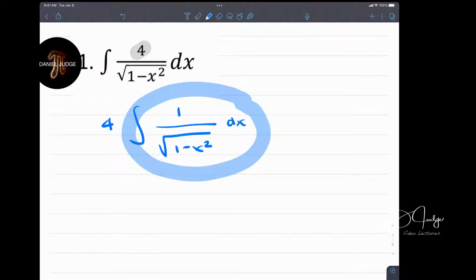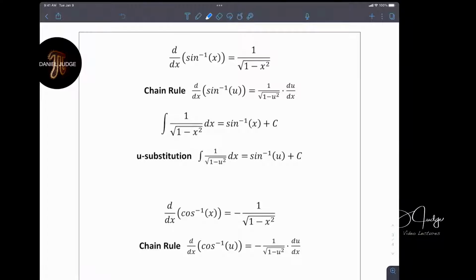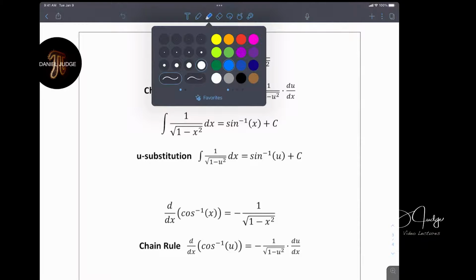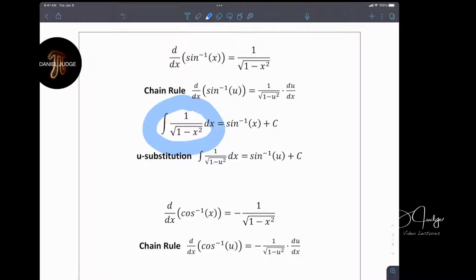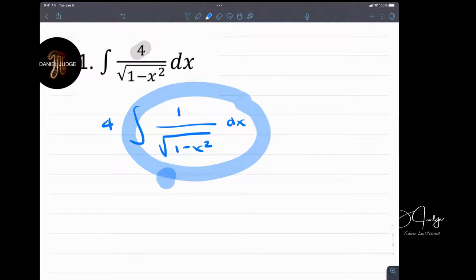Now, let's go to the formula sheet. And whenever you see that particular integral, you're going to use the inverse sine x plus c here. So we get to replace this with inverse sine x plus c.